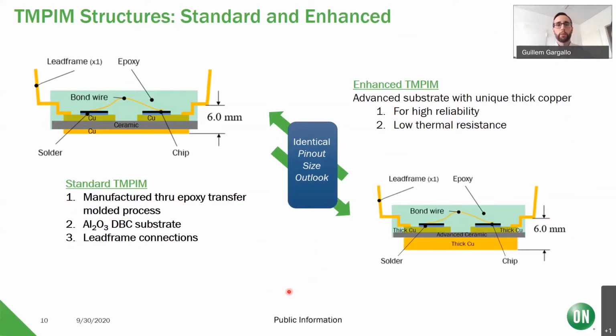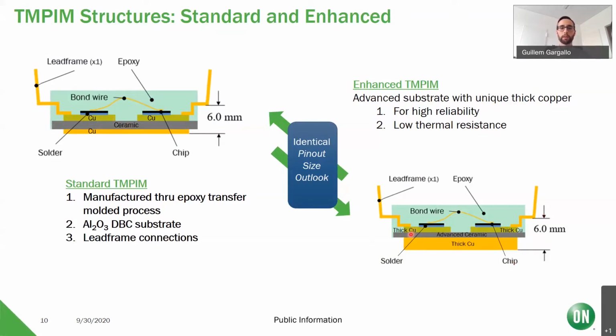As I mentioned earlier, we have two different substrates. So when we look at the structure of the standard and this enhanced package, we can see the difference, where in the DBC we have a thin copper layer, a thicker ceramic, and then again a thin copper layer. Whereas in the advanced or enhanced transfer molded PIM, we have a thicker copper layer.